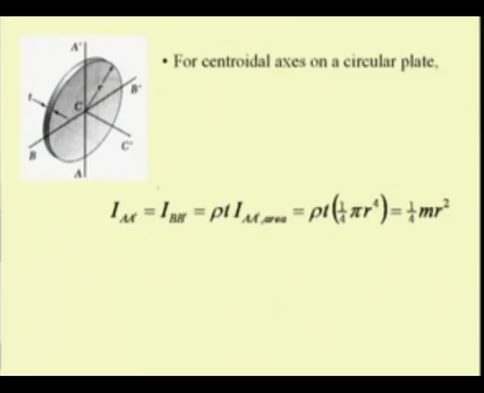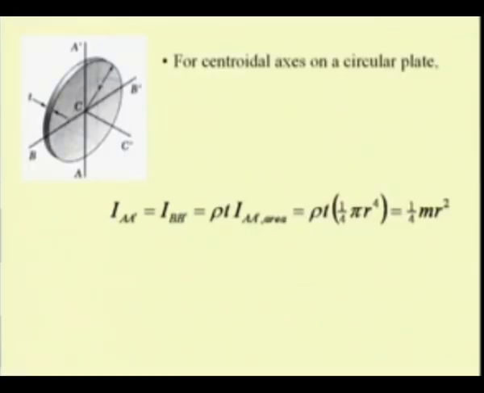We earlier computed the polar moment of inertia, and from that we computed these values for the area moments, that is I prime area. We found it to be 1 by 4th pi r to the power of 4, and to compute the mass moment we multiplied by rho times T. So, this becomes 1 by 4th mass times r square.